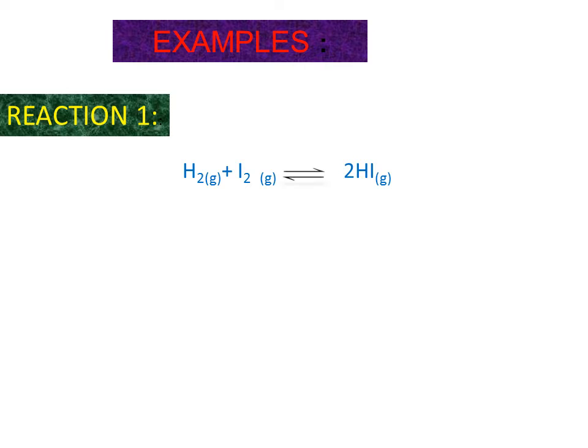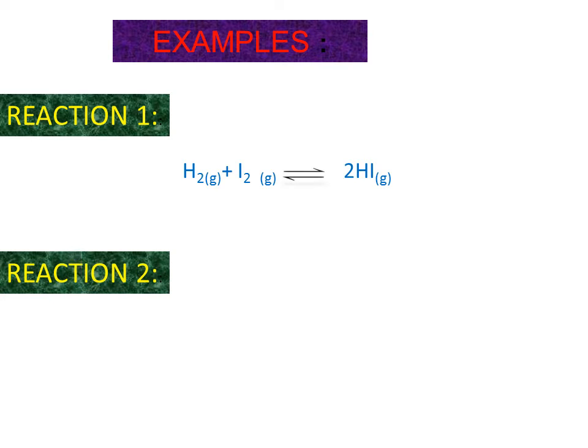The first arrow shows the forward reaction which proceeds from left to right, and the other arrow shows the backward reaction which proceeds from right to left. So this reaction proceeds in both forward and backward direction, so it is called a reversible reaction.